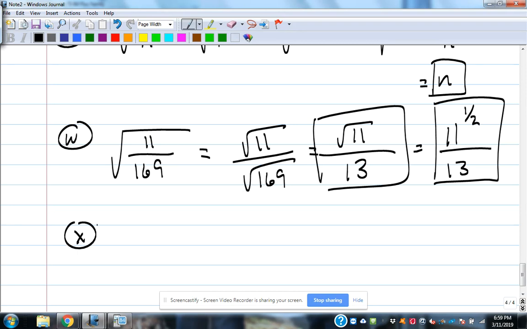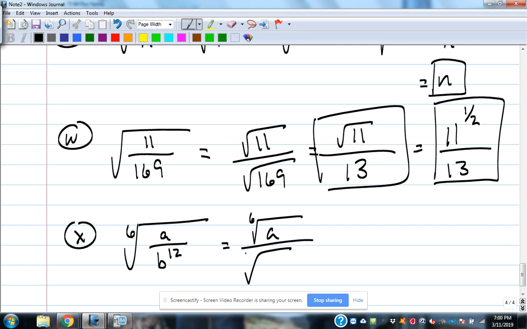Let's do this one. Maybe it'll make it look a little better. The 6th root of a over b to the 12th. I need a little b12. Right? Especially before math class. Split it apart. 6th root of a, 6th root of b to the 12th, and then try to simplify.